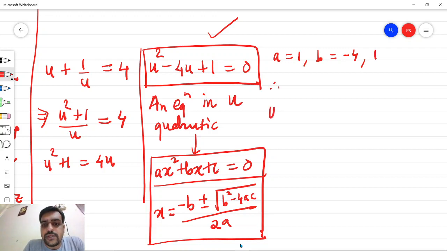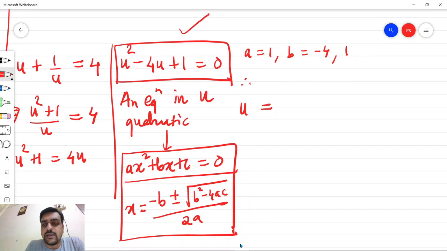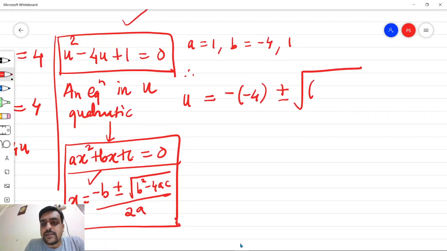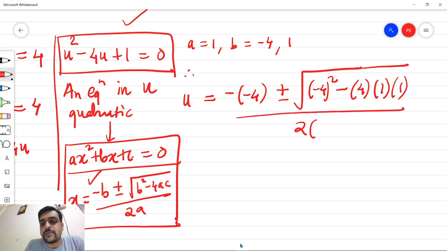So the solution of u would be this: minus of minus 4, so minus b, plus or minus root of b squared, which is minus 4 squared, minus 4 times a into c divided by 2 times a. So yes, this formula is directly applied here to get an answer for u.